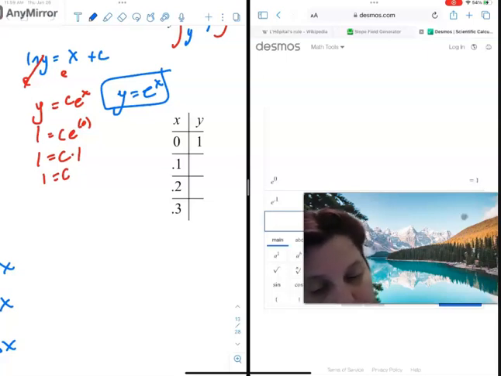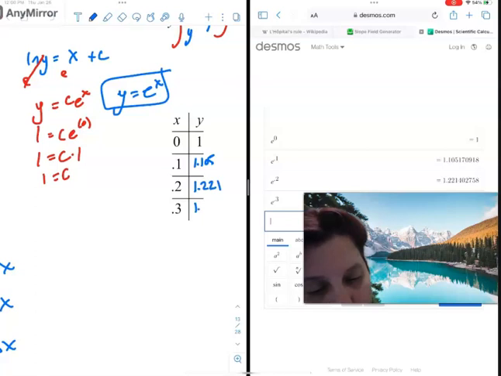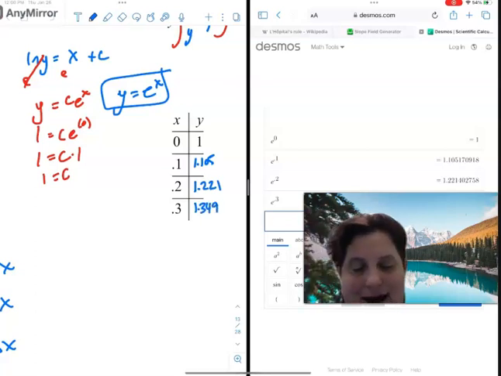e to the 0.1 is 1.105. e to the 0.2 is 1.221. And then if I do e to the 0.3, e to the 0.3 is 1.349.